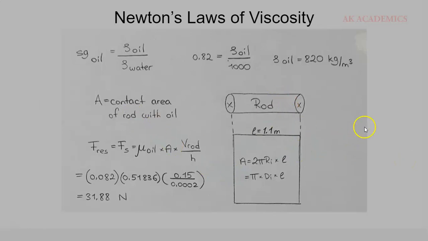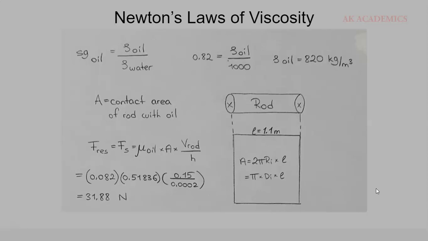The contact area of the rod would be 2 pi RL. Our R will be equal to D over 2. So 2 will cancel 2, so we are left with pi DL. So the contact area of the rod with oil will be pi DL, which is exactly what we do have here, pi DL.